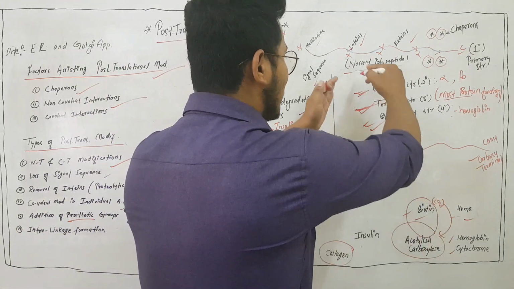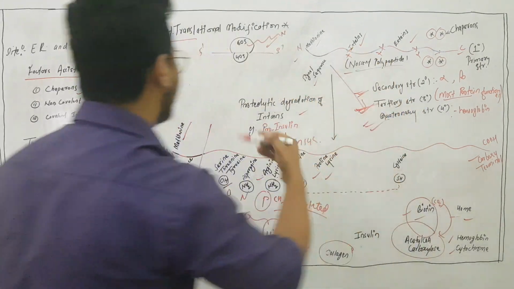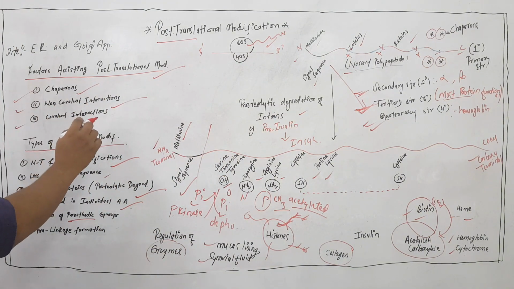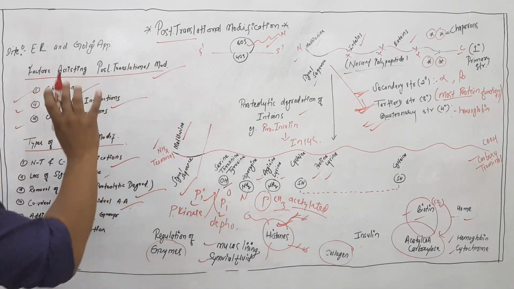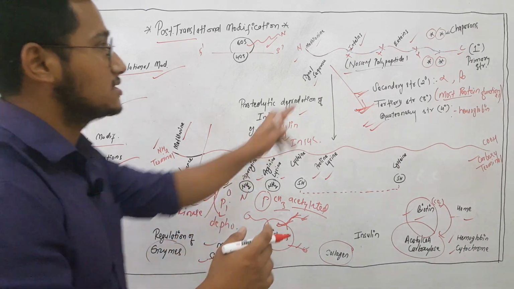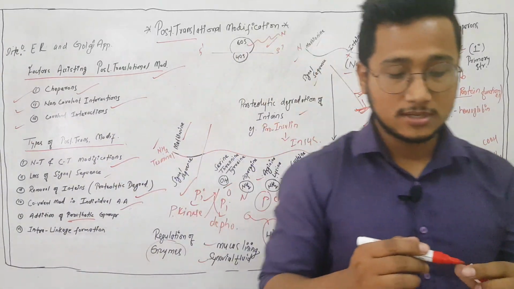This can be attained by various factors like chaperones, non-covalent interactions and covalent interactions, but these are just guiding. The main key players are the modifications which I mentioned earlier, which help this protein obtain its functional biological form.